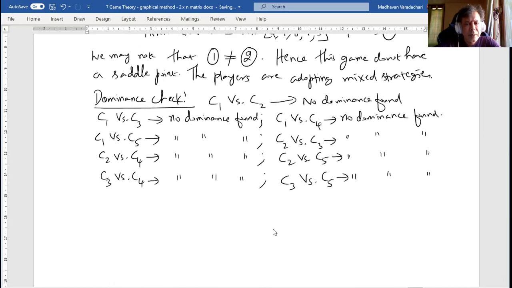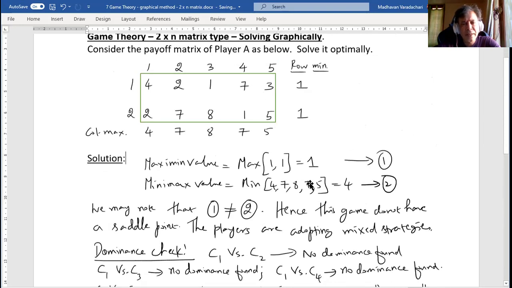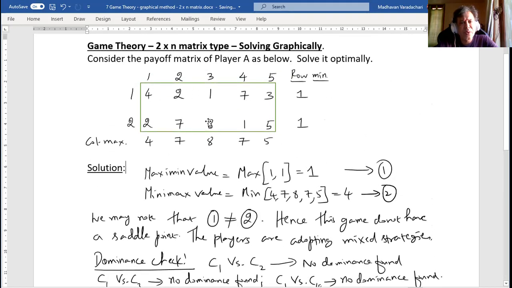Then the last comparison, C4 versus C5. 7 is greater than 3, whereas 1 is lesser than 5. Again, no dominance found. So we checked all the possible pairs of columns, and there is no dominance. That means we will not be able to reduce this matrix from 2 by 5 to anything smaller. So we have to consider 2 by 5 only, 2 rows and 5 columns.